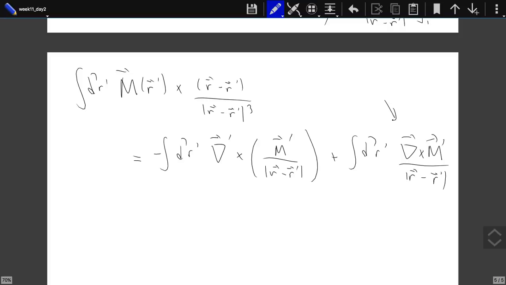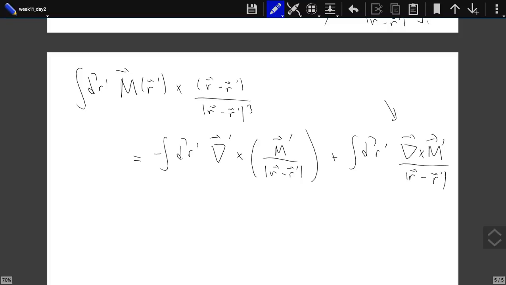Now what I need to do is convert the first integral to a surface integral. If it was the divergence, it would have been trivial. So what's your proposal?